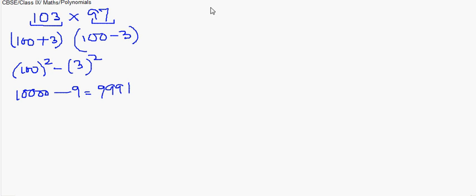Similarly, if we are supposed to calculate 97 square, how can we express 97? It can be written as 100 minus 3. Try to expand them in terms of hundreds or tens. That becomes easier when we are calculating the squares of them. Here it is 100 minus 3 whole square, it is x minus y whole square.